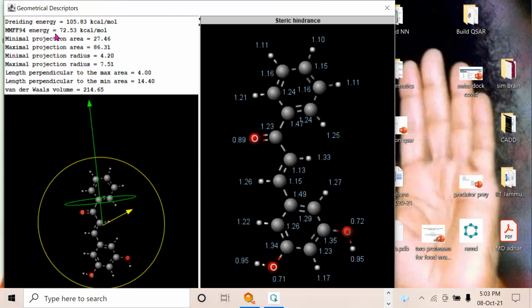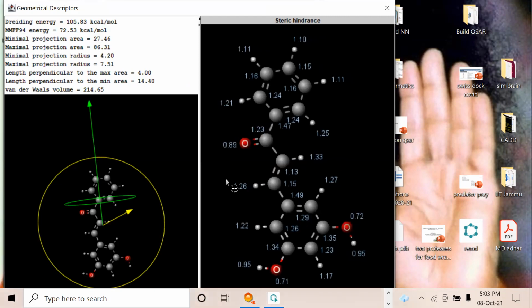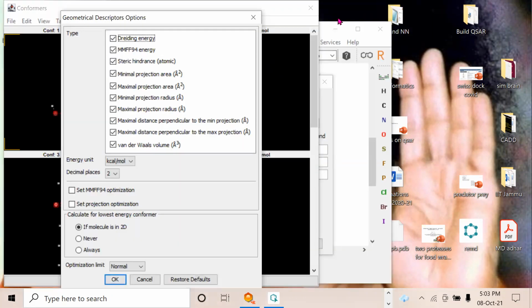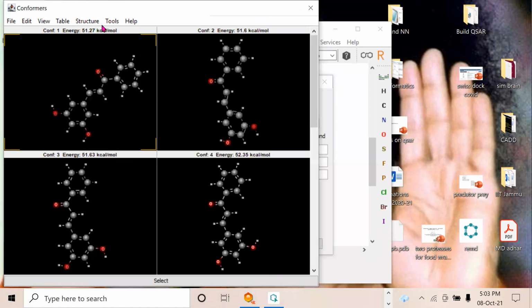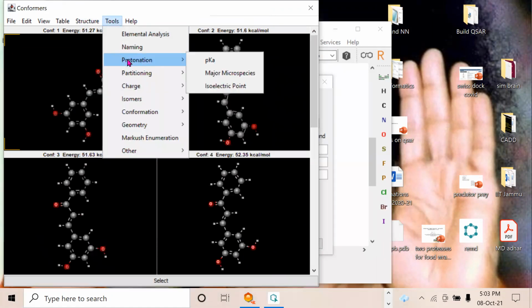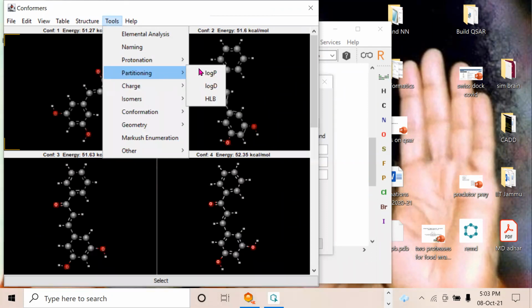See, energy, projection area, van der Waals volume. So many descriptors it can give actually. Steric hindrance. Then it can give pKa value. It can give log P.